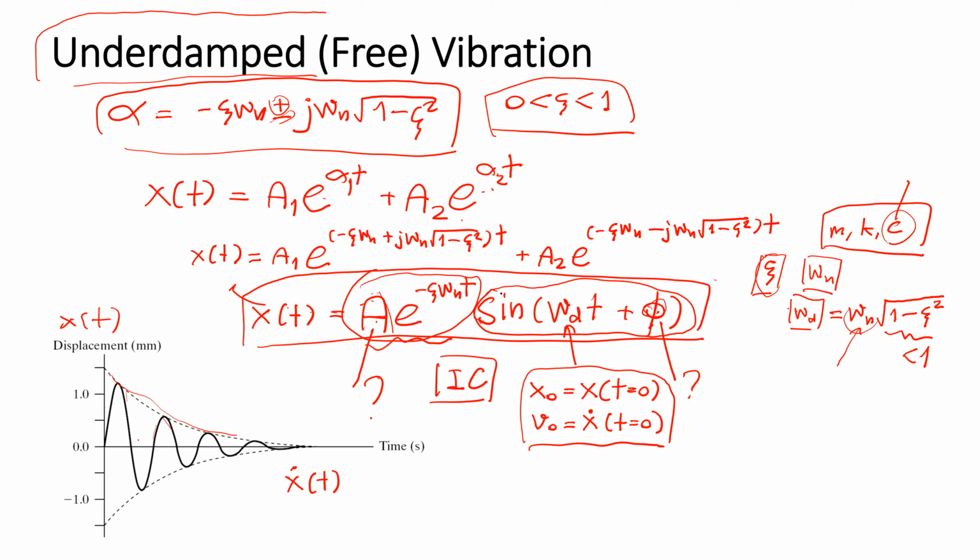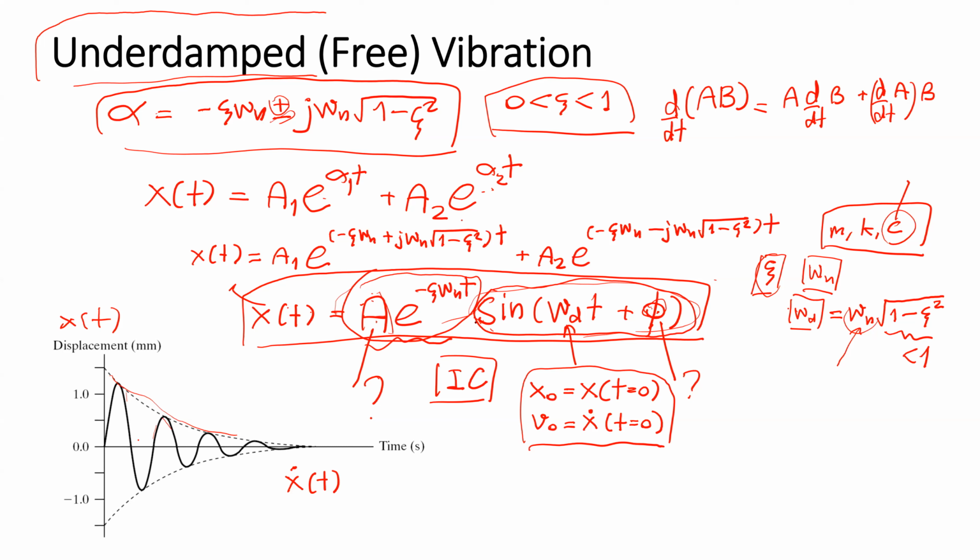So, if you remember, d by dt of the product of two parts A and B is equal to A times d by dt of B plus d by dt of A multiplied by B. So we have two parts here.